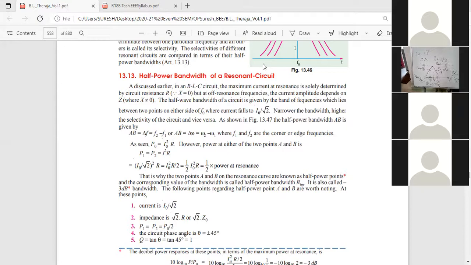Eighteen and nineteen are absent. Twenty-three had a power cut, no problem, I will give attendance.